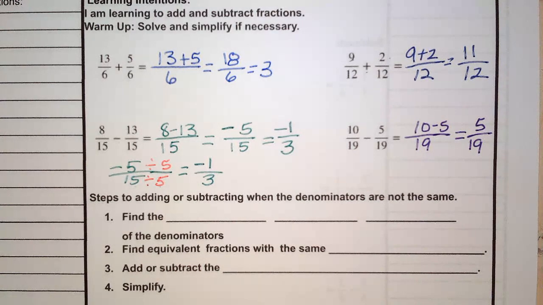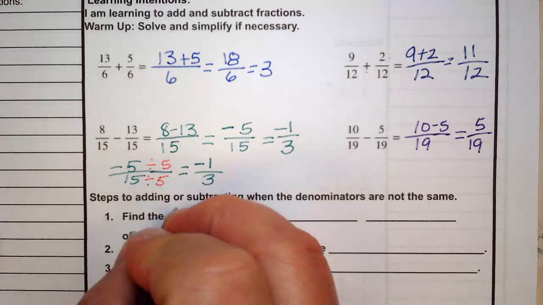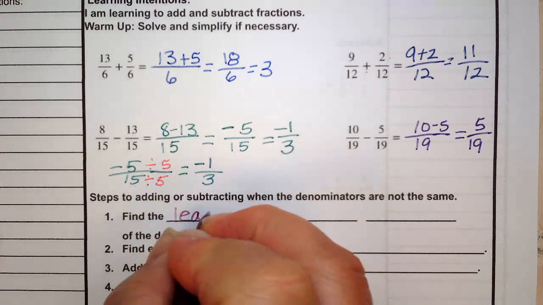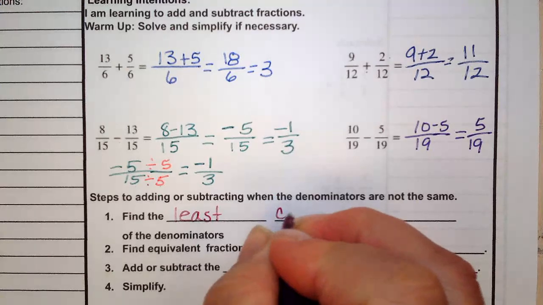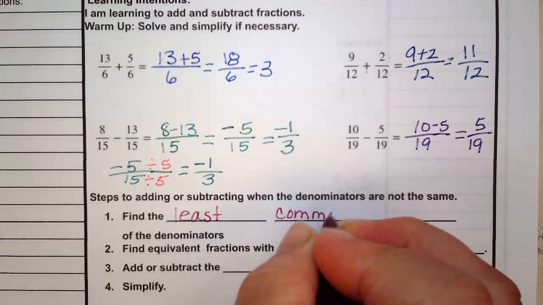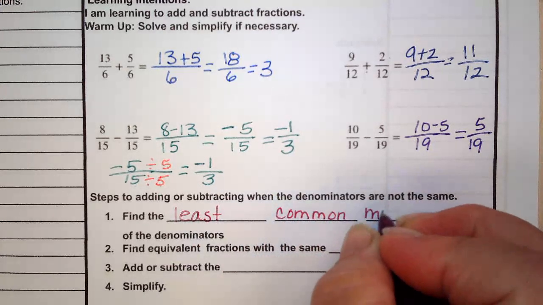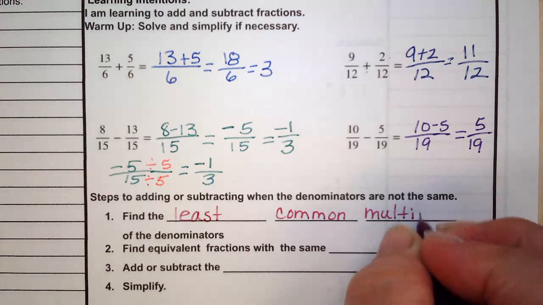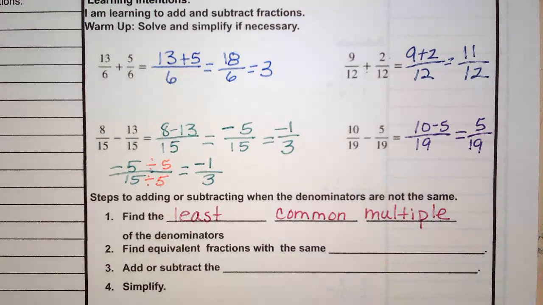So, what are your steps to adding or subtracting when the denominators are not the same? Well, you find the least common multiple. That means, what is the smallest number that both of the denominators go into evenly?